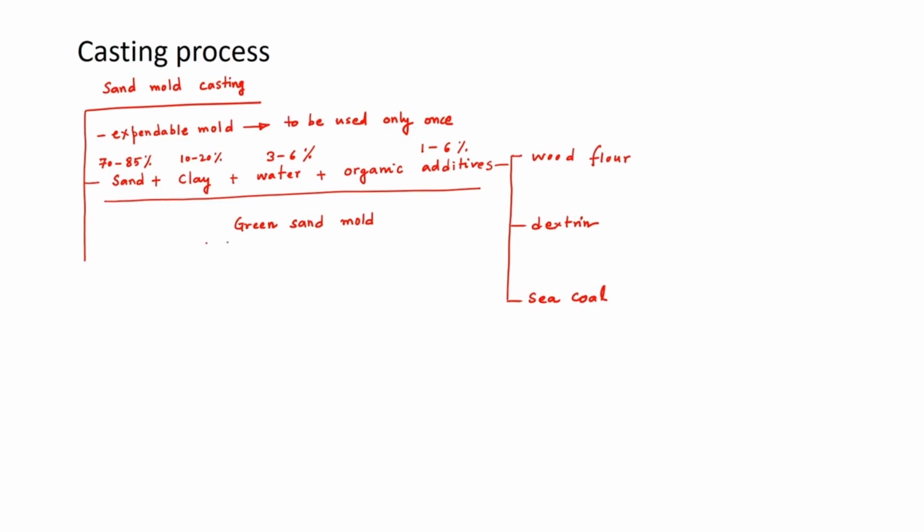When we bake the green sand mold at a temperature of about 100 to 250 degrees Celsius for several hours, we get the dry sand mold. The dry sand mold has sufficient strength. It can withstand the fluid pressure during the pouring operation and the temperature of the molten metal inside the mold cavity.